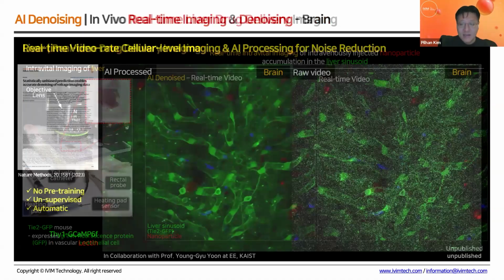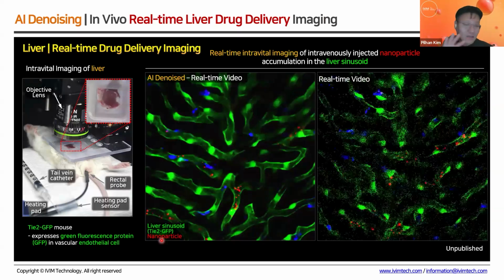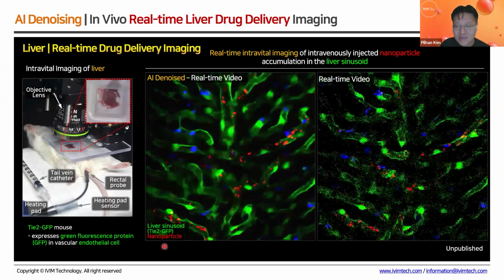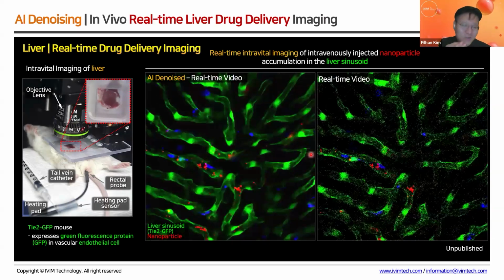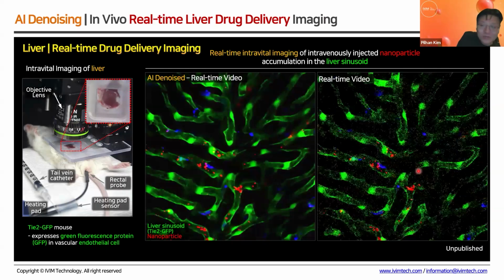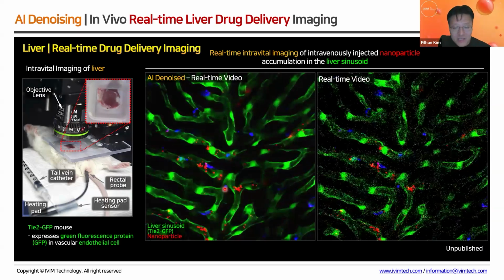Okay. And the first example I showed you was the nanoparticle delivery and distribution in the liver. And actually that data was also denoised data. So on the right hand side is the raw data, and on the left hand side is the denoised data.